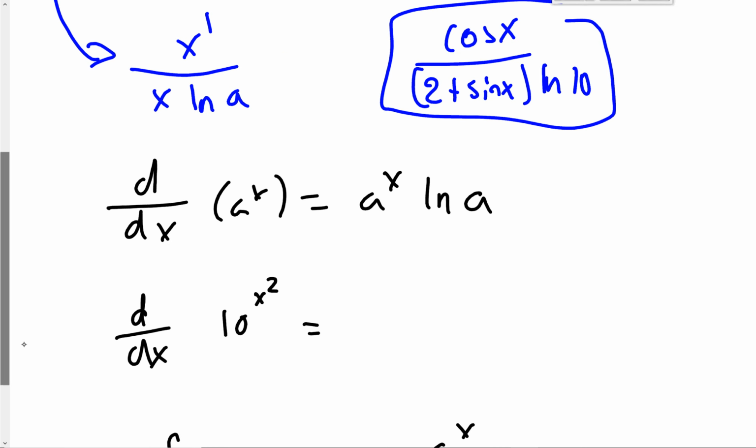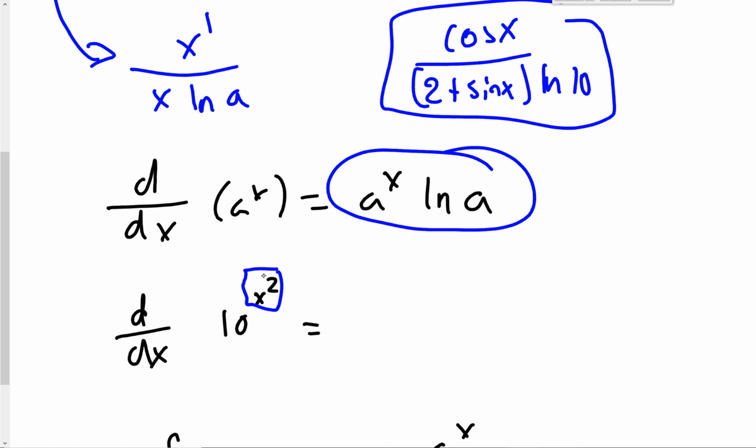Another one is this one. So if I take the derivative of just a base raised to x, then it'll always be this. And again, if I'm doing something like this, where I have this function up here, I'm going to have to do chain rule. So eventually this is going to be times by the derivative of x. Okay, so here's my a, so it'd be 10.